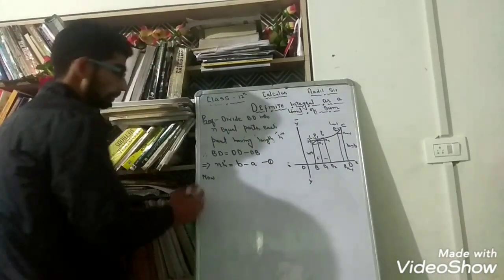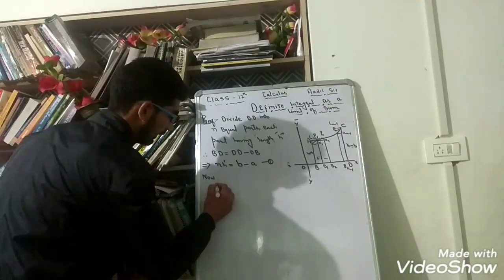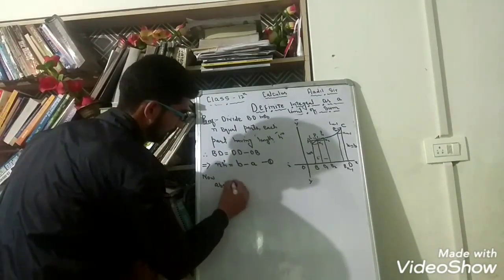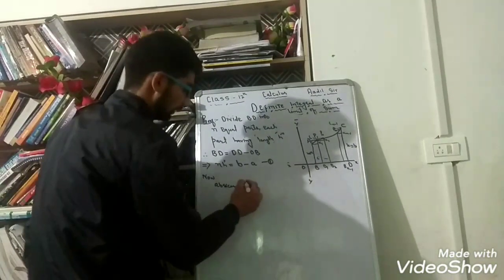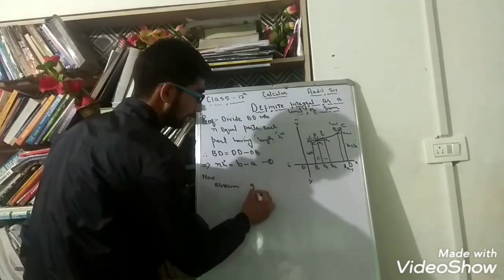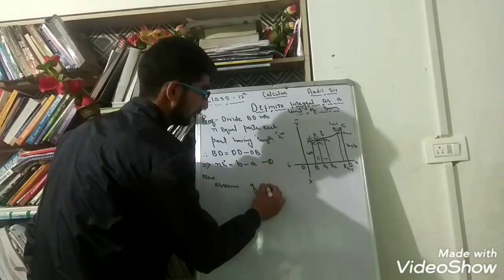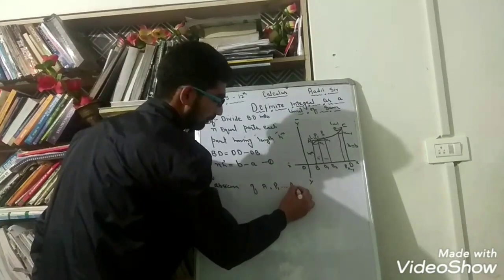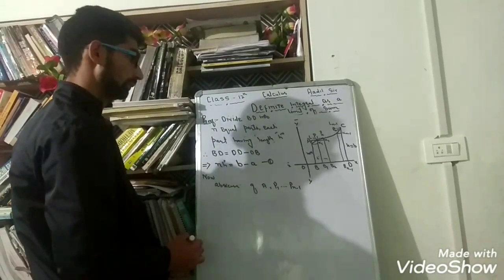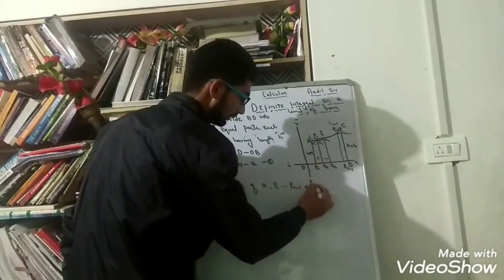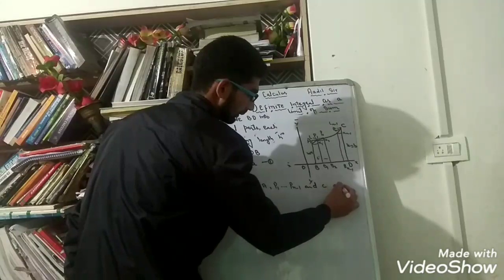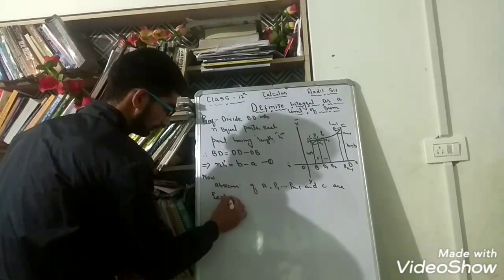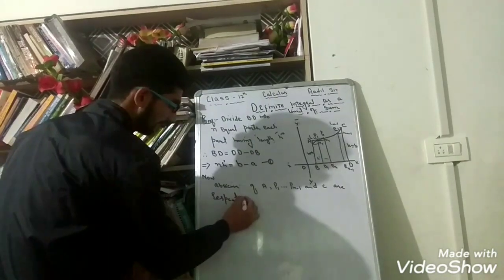So now the abscissas of A1, P1, and so on up to Pn minus 1 and C are respectively what?